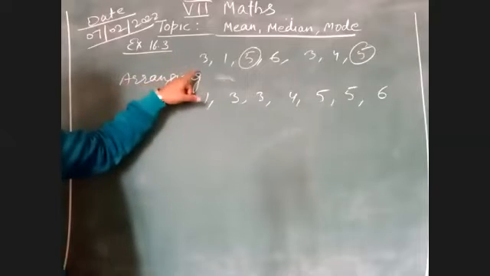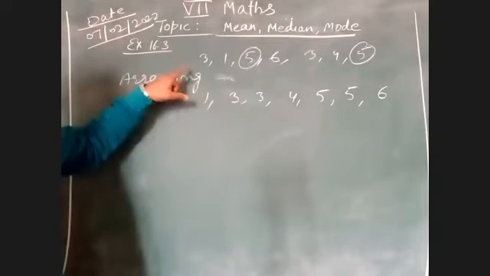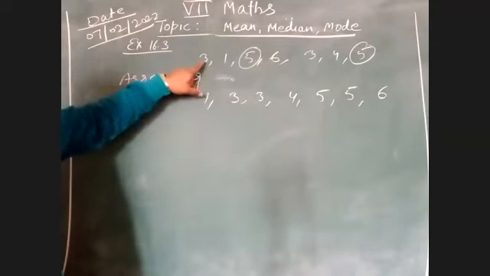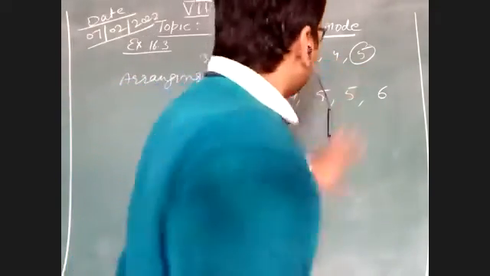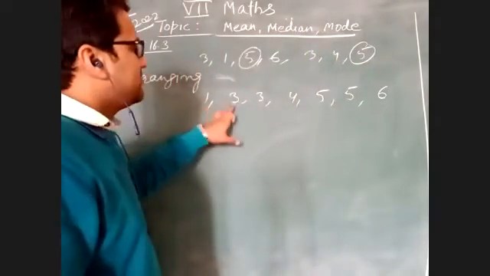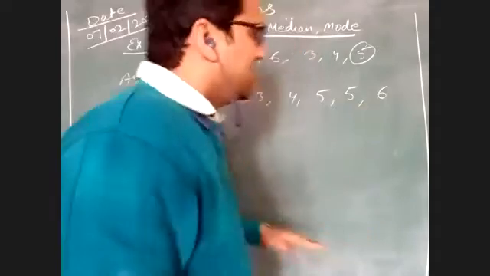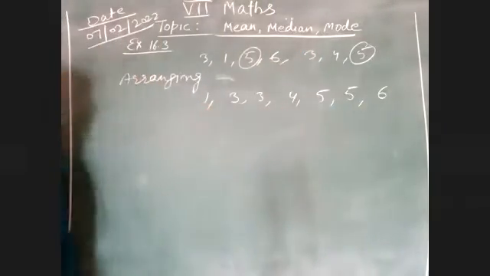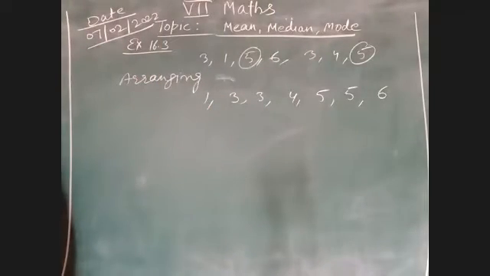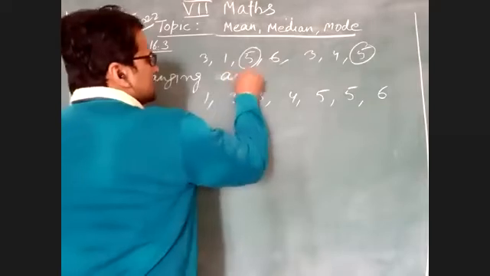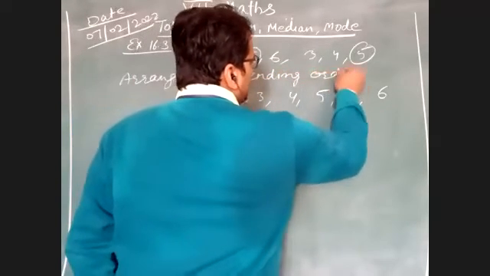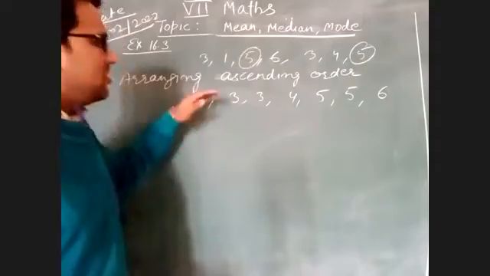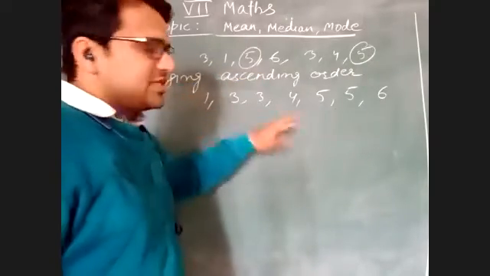So the number of observations in this data is 1, 2, 3, 4, 5, 6, 7. But these observations are written in ascending order. First of all, you have to write down every data in ascending order.